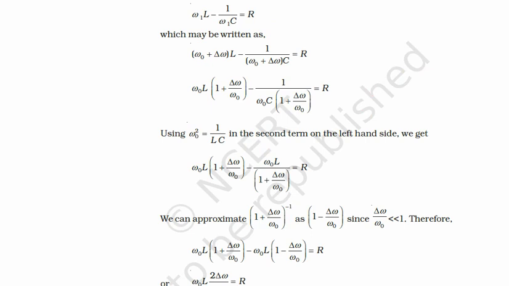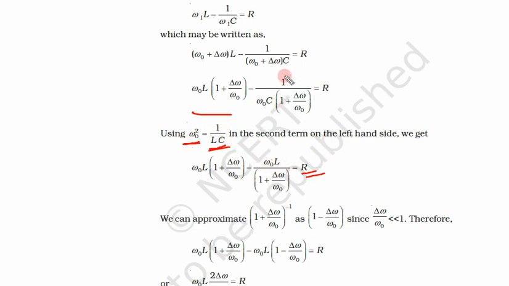Now in this equation what do we have? We know for resonant frequency omega naught is equal to 1 by root LC. In the second term on the left hand side, what do we get? Omega 0 L, 1 plus delta omega upon omega naught, this is the same. This is minus omega 0 L, 1 plus delta omega upon omega 0 must be equal to r. So how do we get this term?